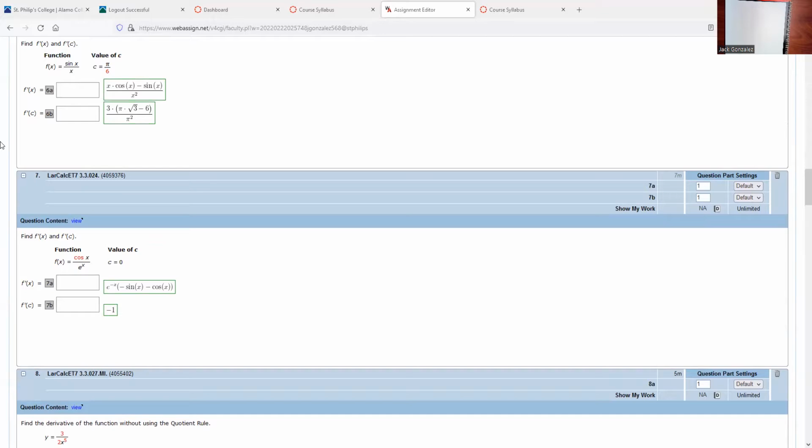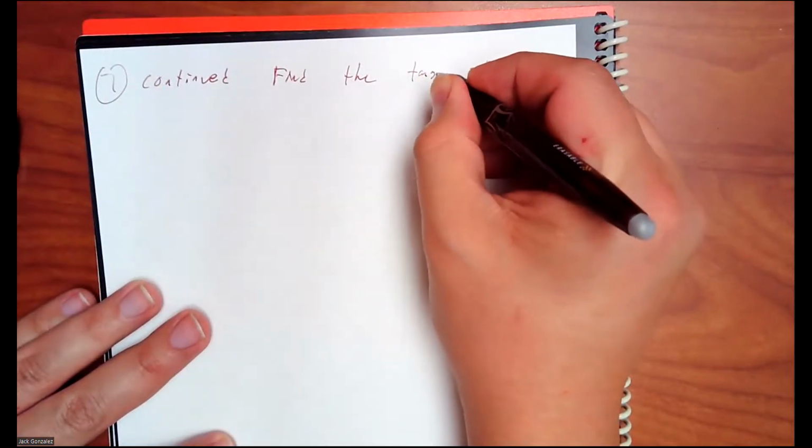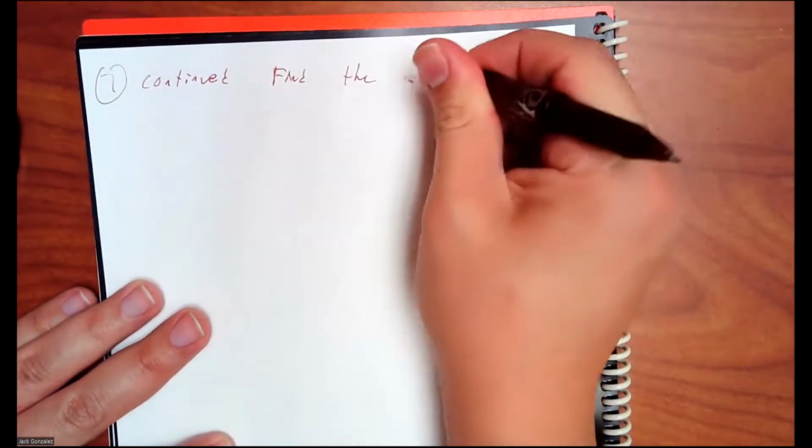Page 7 continue. Were you guys cool on that page? Okay. Let's say 7 continue and make up a question. Find the tangent line, or the equation of the tangent line.